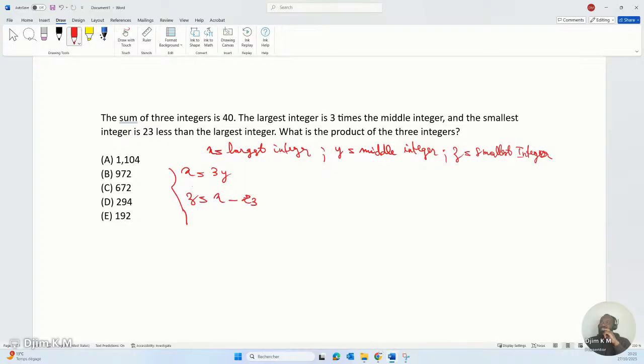It says the sum of the three is equal to 40. So x plus y plus z is equal to 40.